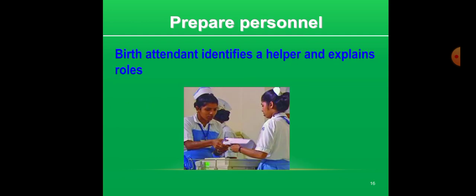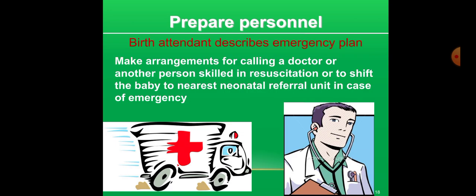Prepare personnel: the birth attendant identifies a helper and explains roles. The birth attendant describes the emergency plan. Make arrangements for calling a doctor or another person skilled in resuscitation, or to shift the baby to the nearest neonatal referral unit in case of emergency.